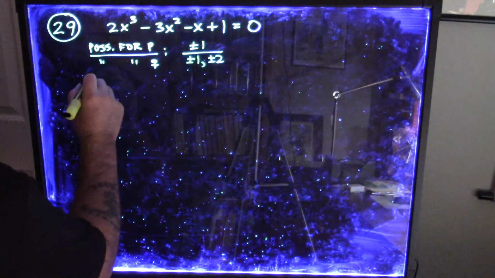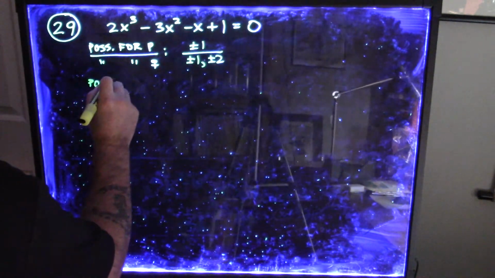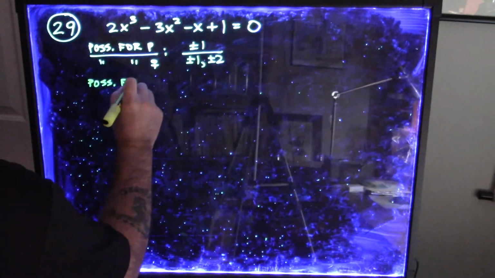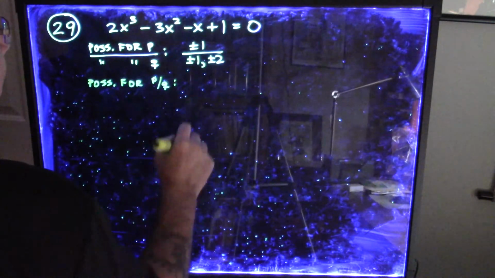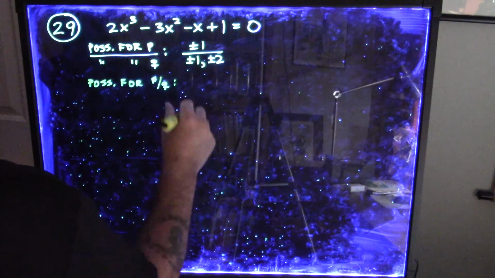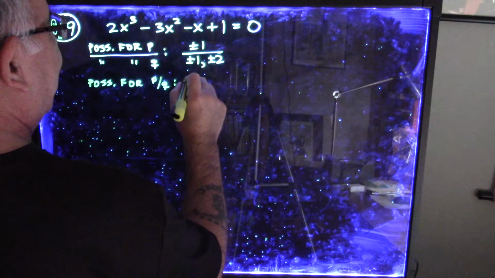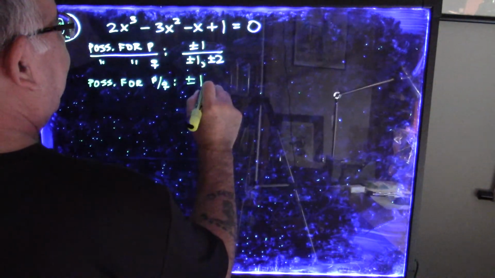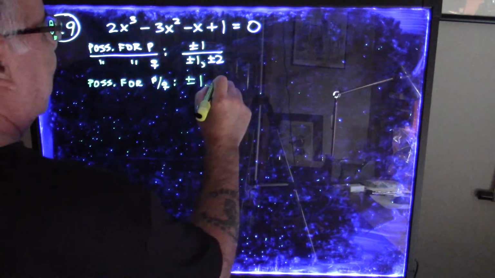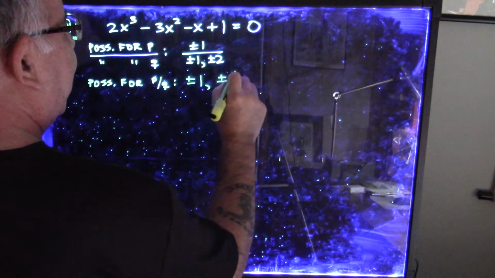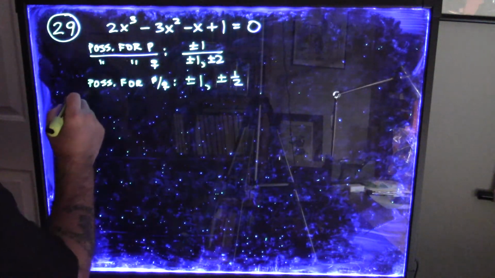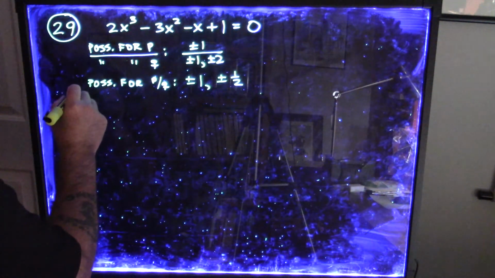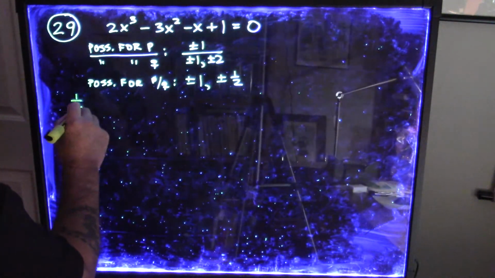So the possibilities for p over q: start with a 1, plus or minus 1 over plus or minus 1, plus or minus 1. Plus or minus 1 over 2, you get plus or minus 1/2. So you've got those four possibilities, and it turns out that 1/2 is what we're looking for.